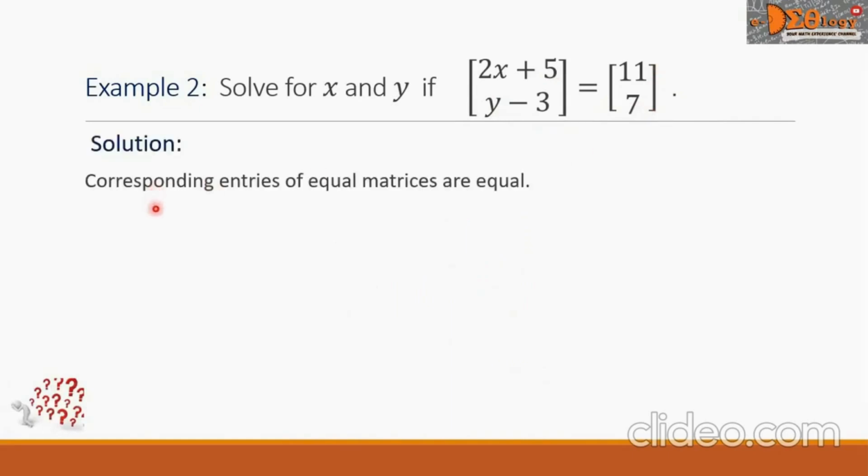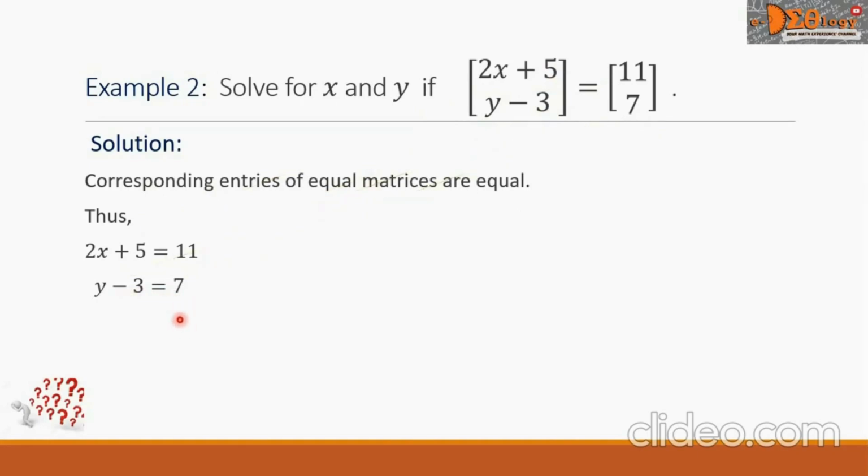We say that corresponding entries of equal matrices are equal. So we can write like this: 2x plus 5 is equal to 11. Also, y minus 3 is equal to 7.